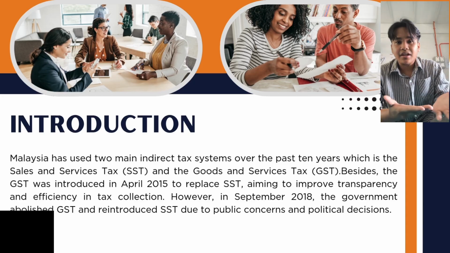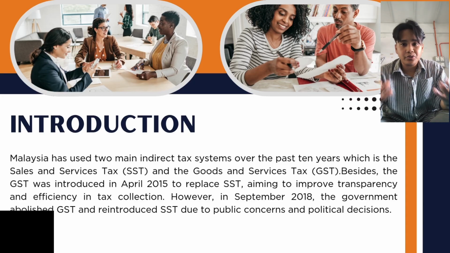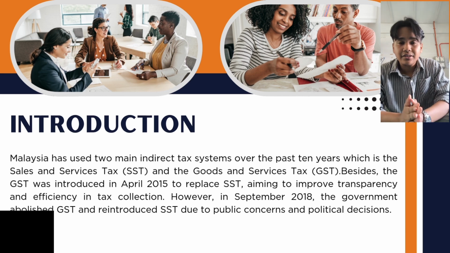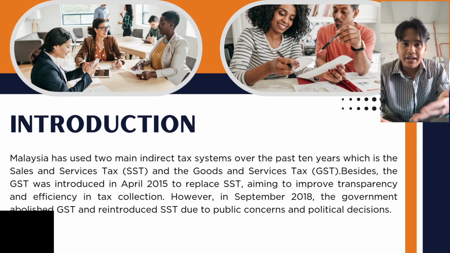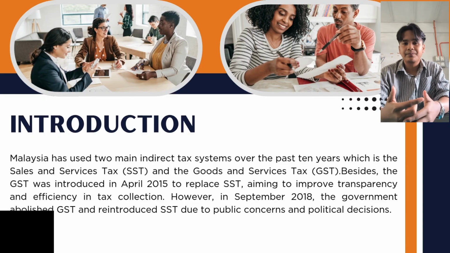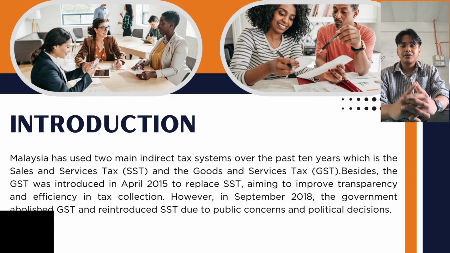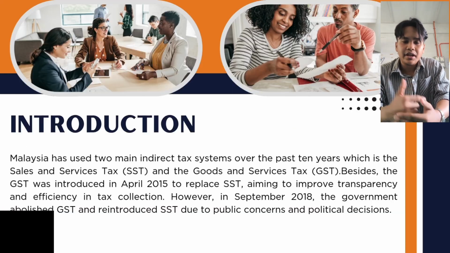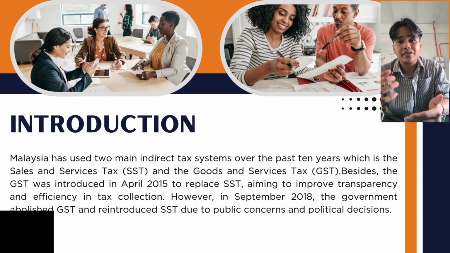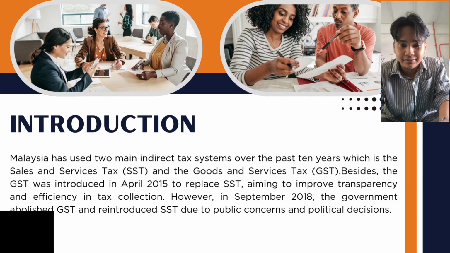Besides, GST was introduced in April 2015 to replace the SST, aiming to improve transparency and efficiency in tax collection. However, in September 2018, the government abolished GST and introduced SST due to public concern and political decision.